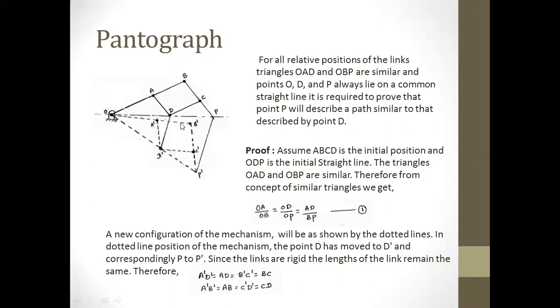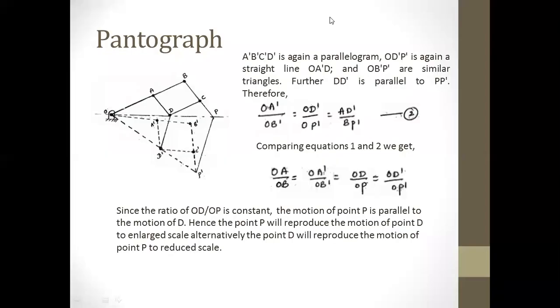Since they are all rigid links, AD dash will be the same as AD, BC dash the same as BC, and AB dash the same as AB. So for the new configuration, A dash B dash C dash D dash is again a parallelogram.